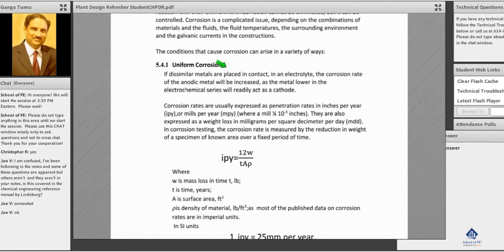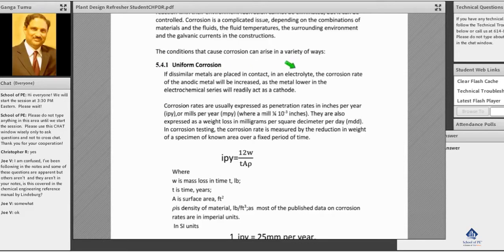Uniform corrosion is one form of corrosion. Uniform corrosion depends on what is being oxidized, how it is oxidized, and how much, meaning at what rate it will be corroded.